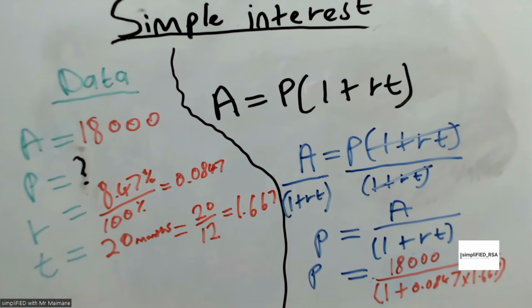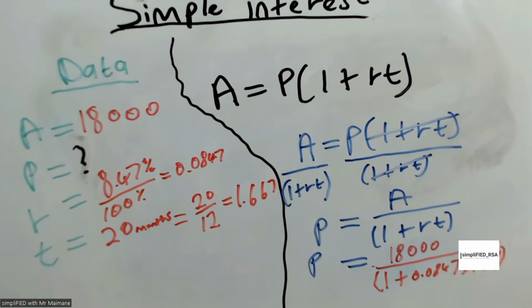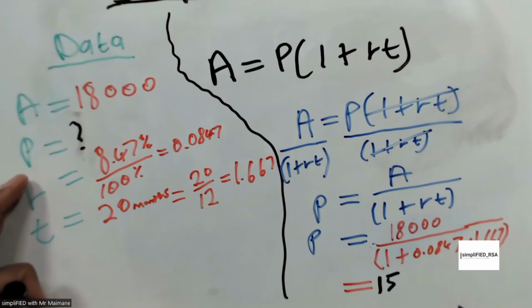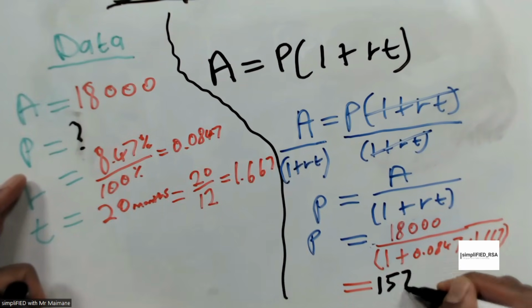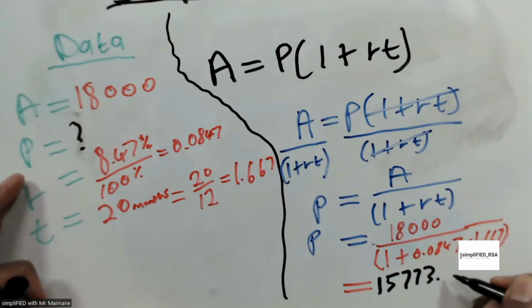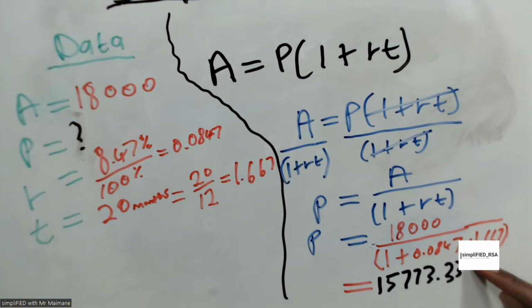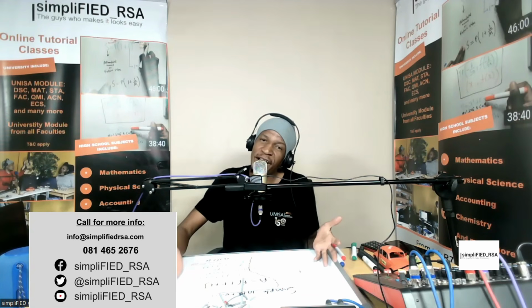And then if I punch this into a calculator, I get that the final answer is 15,773.33. You can also try to punch this in your calculator and see if you get the very same value as mine. But as you know, practice makes perfect, right?